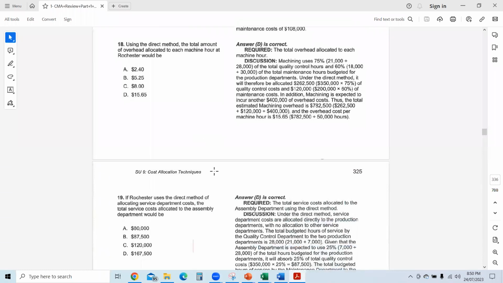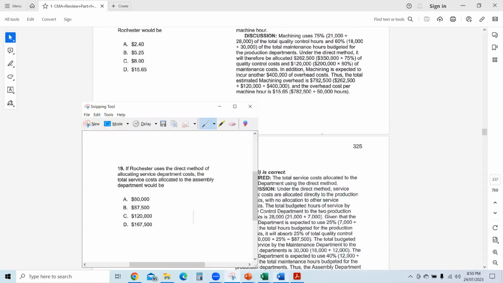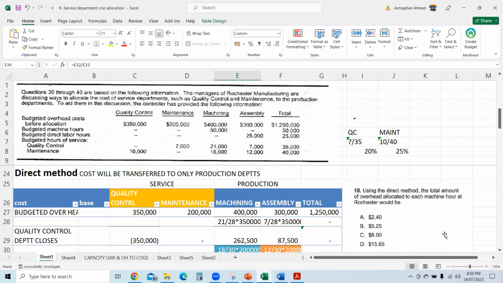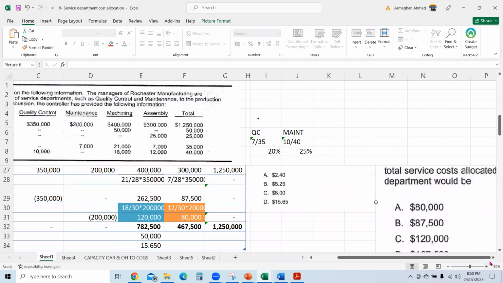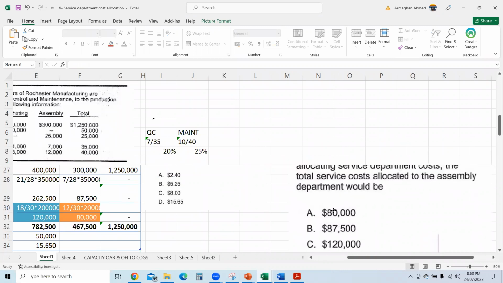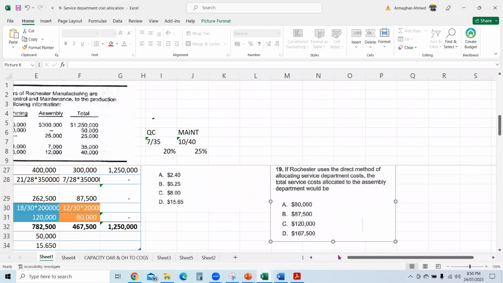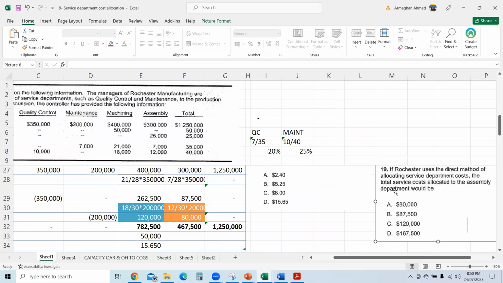Question 18 we have done. This is also direct method, right? What it says now: if Rochester uses direct method of allocating service department costs, the total service cost allocated to assembly department.